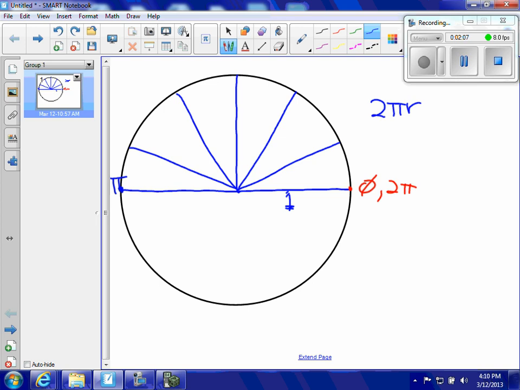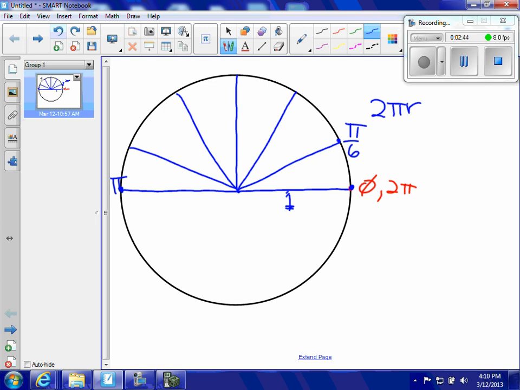If I've drawn it into 6 pieces, and I know that the distance from here to here is a distance of pi, then the distance from here to here, divided into 6 pieces, is 1/6 of a pi. So it's 1/6 pi, but it's better written as pi over 6.